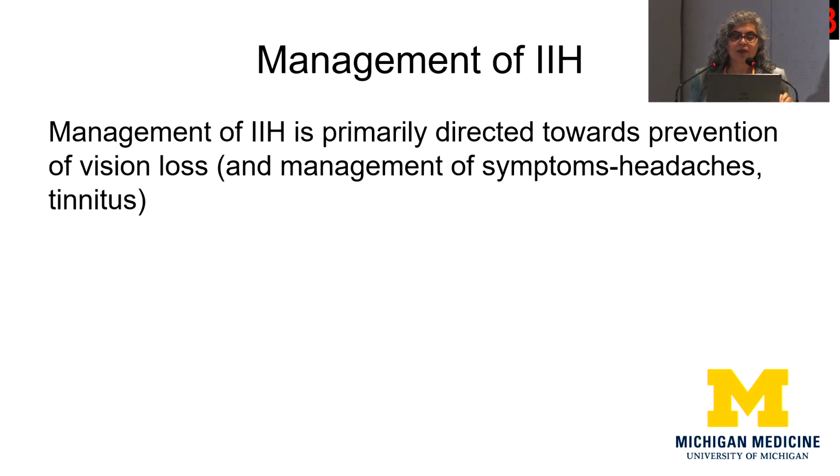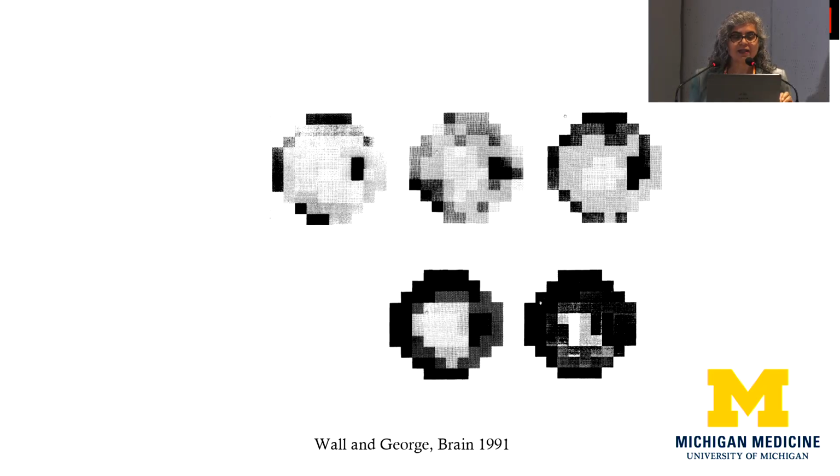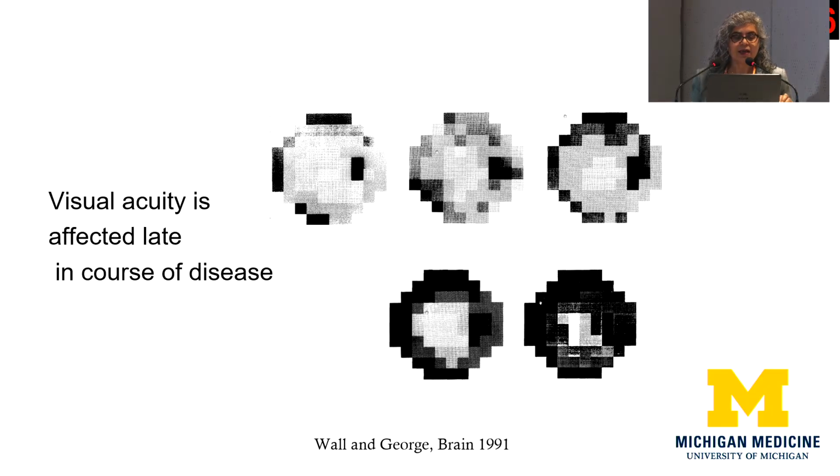And vision loss in IIH has this kind of progression. It starts with peripheral visual deficits and increases towards the central field, just like glaucoma, but faster. And central vision is affected late in the course of disease.